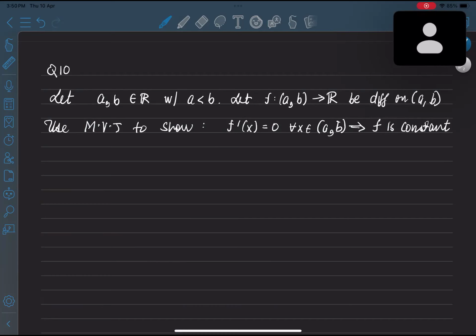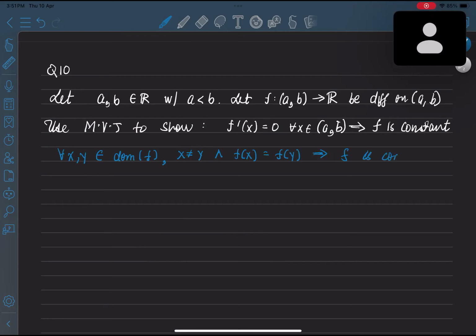So intuitively this makes a lot of sense, because if the rate of change of your function is 0 and your function is not changing, it means it's constant, right? But the definition of a constant is: for all x, y in the domain of a function, x not equal to y, f(x) equals f(y) implies f is constant.